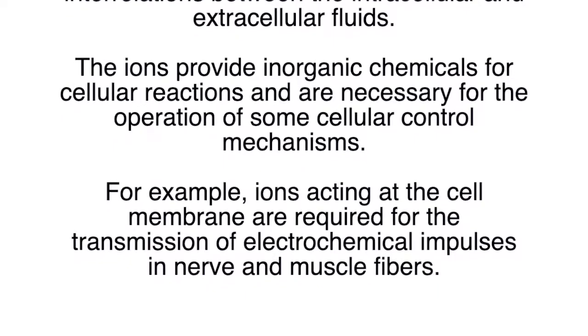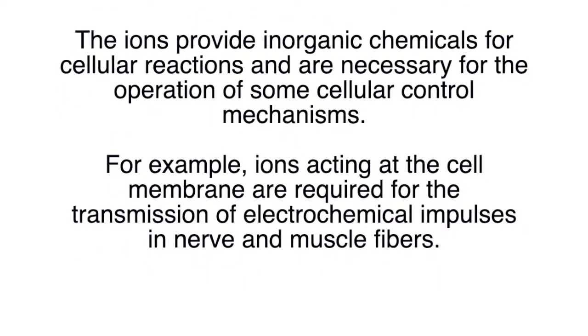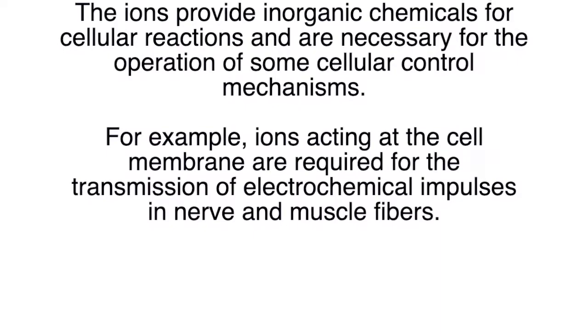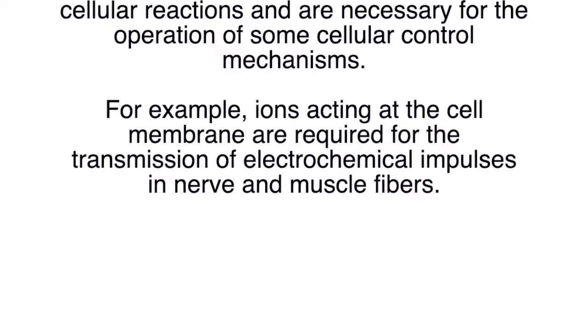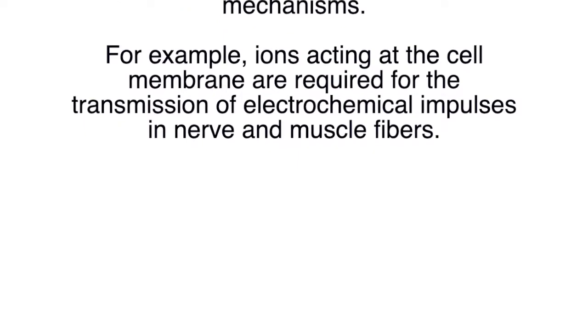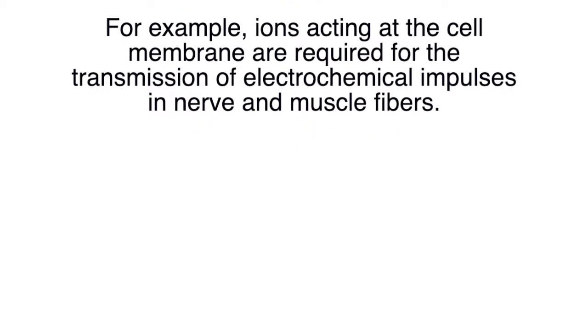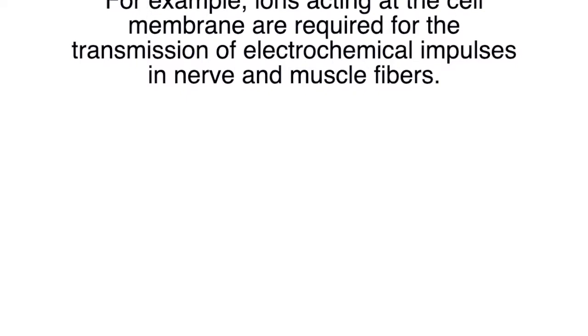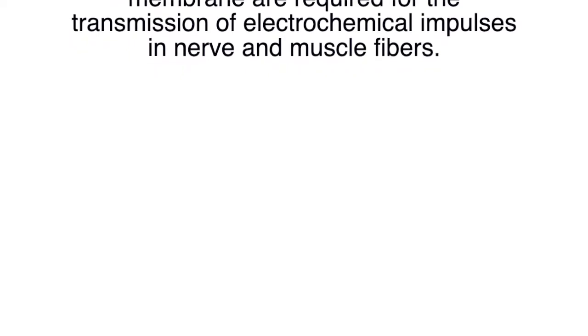The ions provide inorganic chemicals for cellular reactions and are necessary for the operation of some cellular control mechanisms. For example, ions acting at the cell membranes are required for the transmission of electrochemical impulses in nerve and muscle fibers.